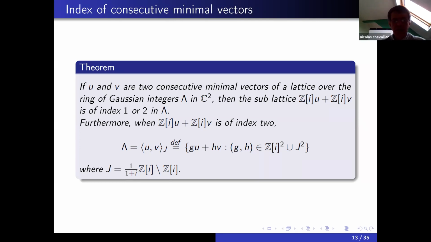If you think of the real case, it is just the set of half integers which are not integers. If you take all the points with both integer coordinates or both half-integer coordinates in R2, this is a lattice. And here we have the same thing.